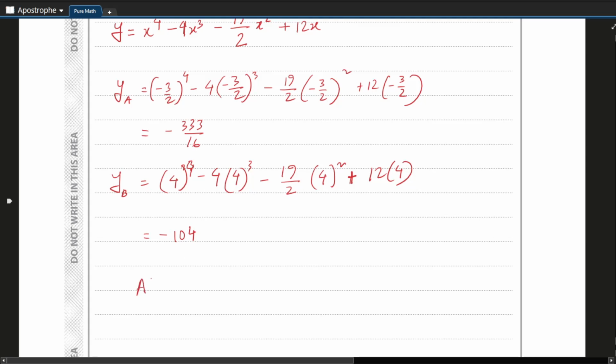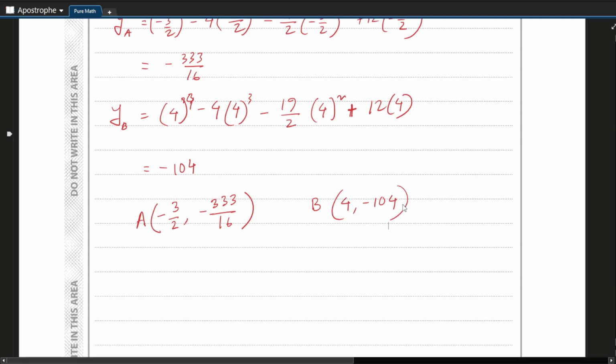That means a is negative 3 over 2, minus 333 over 16, and b is 4, minus 104. This was given in the question. I didn't notice that earlier. You can also write this like this.